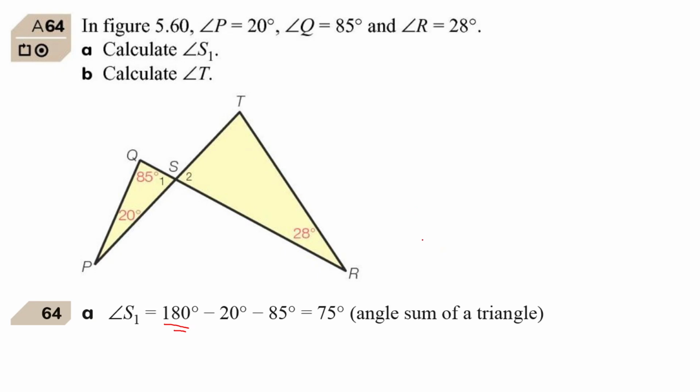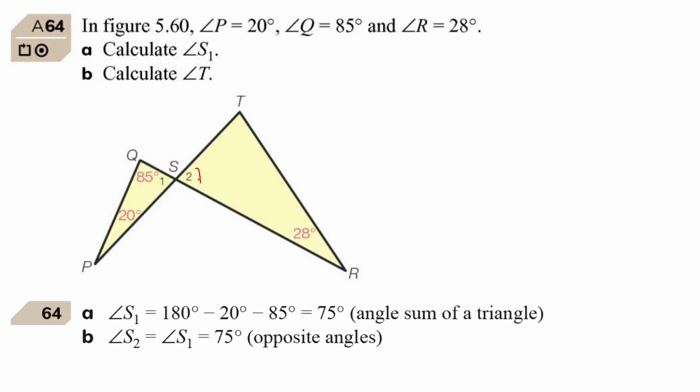And that's A. Now you might say, oh well, now they want me at B to calculate T, and in this triangle I only know one angle. But remember, here we have those intersecting lines. That means that S1 and S2 have the same measurements. S1 is S2 because they are opposite angles. Again, don't forget the rule.